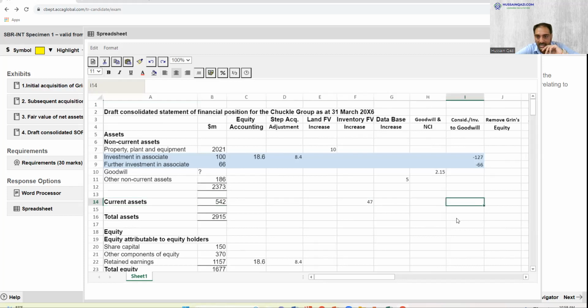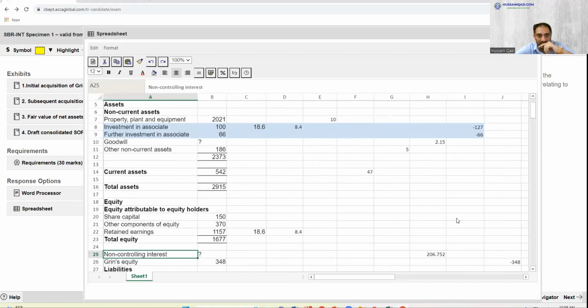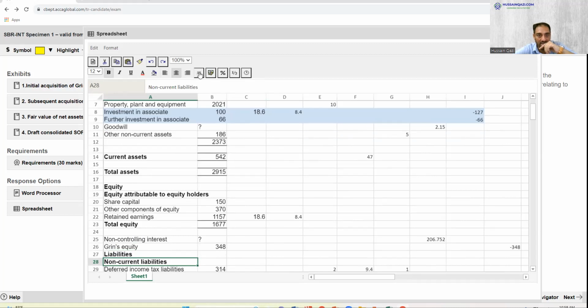And then current assets, copy, paste, 589. And here we need to sum: total assets 2813.2.